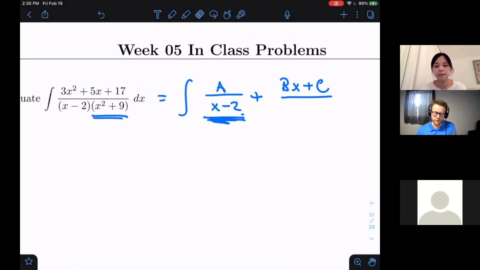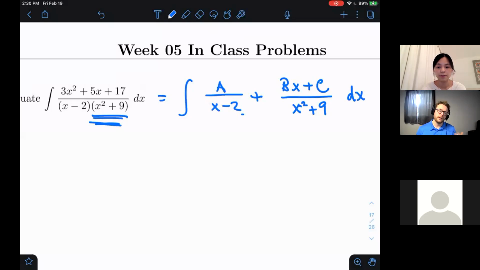And when you have an irreducible quadratic in the bottom, like x squared plus 9, you need to have 1 degree lower. That would be a linear thing. So this is going to be Bx plus C over x squared plus 9. So this right here would be the correct partial fractions decomposition.